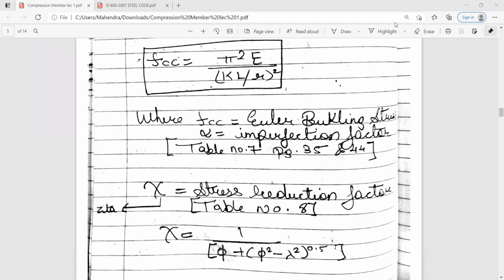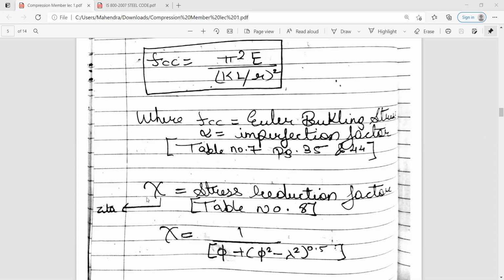And for the stress reduction factor, again you have a formula, that is 1 upon phi plus phi square minus lambda square raised to the power 0.5. So just note down the formulas for the Euler buckling stress and the stress reduction factor. And see, this is a new symbol for you. I think up till now you have not used this symbol.